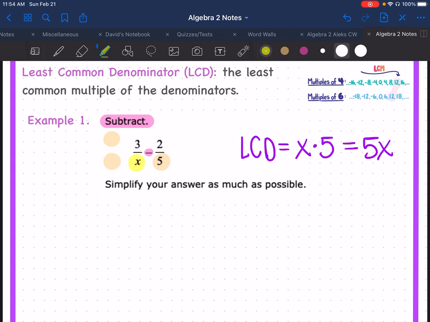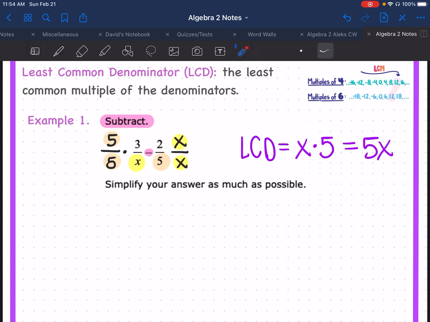And since the second one has the peach, I'm going to multiply by the yellow. Now I can add the numbers, and I can see them very easily. In the peach is the 5, so it's going to go top and bottom, and I'm going to multiply 3 times 5, and I'm going to multiply 5 times x, top times top, bottom times bottom. And over here, my yellow should be x and x.